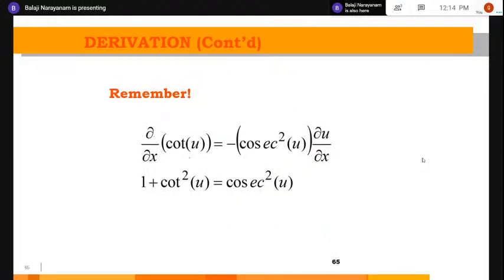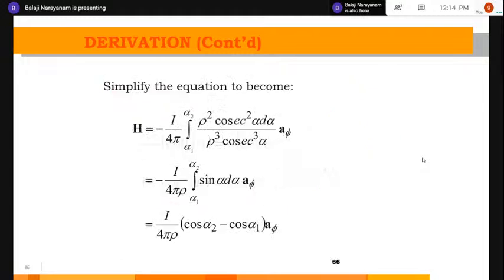And again you may further simplify this. Remember, dou by dou x of cot u is minus cosecant square u dou u by dou x, and 1 plus cot square u is equal to cosecant square u. If you remember these identities, then it is easy for us to solve this magnetic field intensity equation.